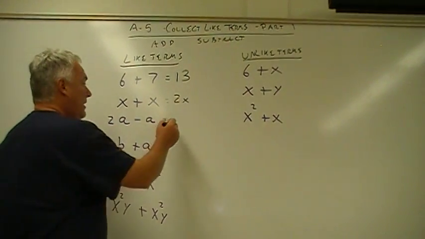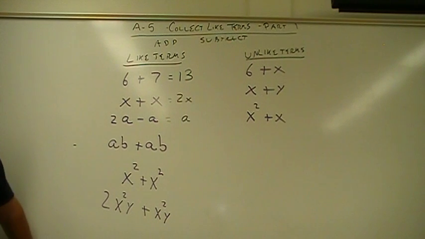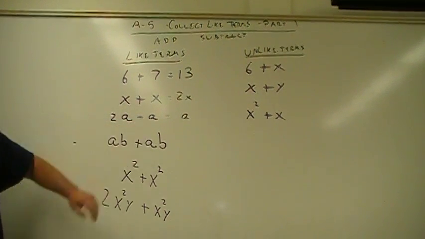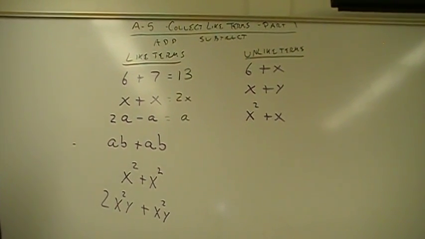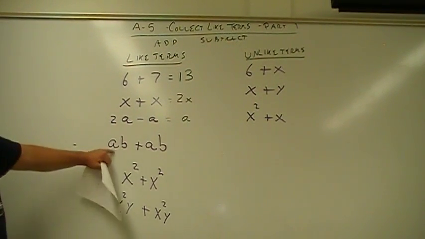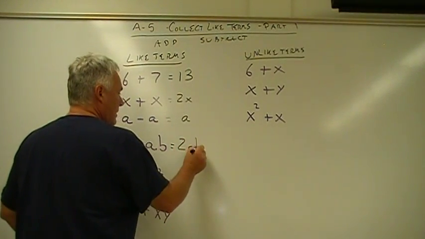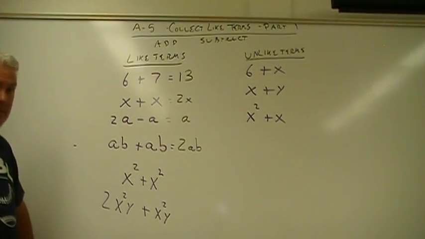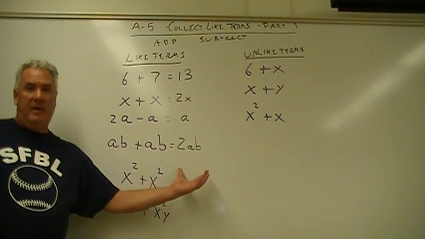2a minus a is 1a. We've got two a's, we're taking away an a, we have 1a left. AB plus AB is 2AB. When we add, we have two of them together.